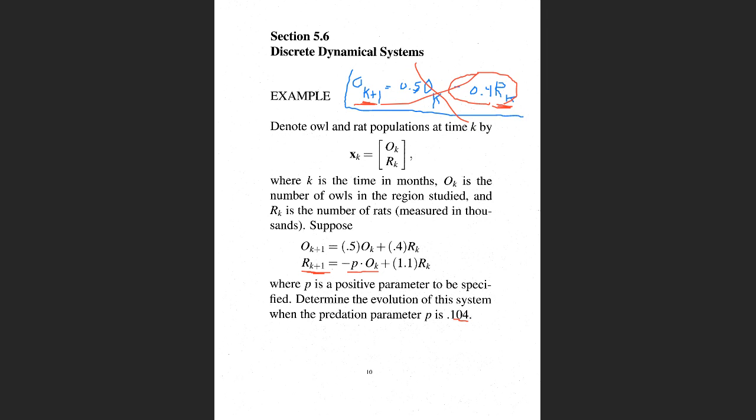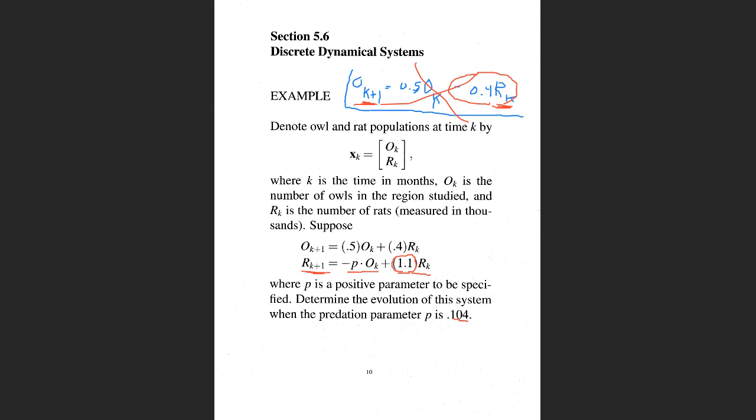And then you have a 1.1k. So the 1.1 is kind of a big number. Why is the 1.1 there? What's that telling you about the rat population?